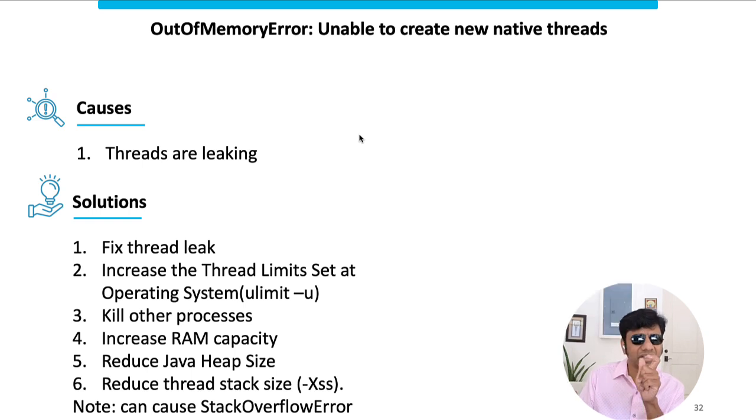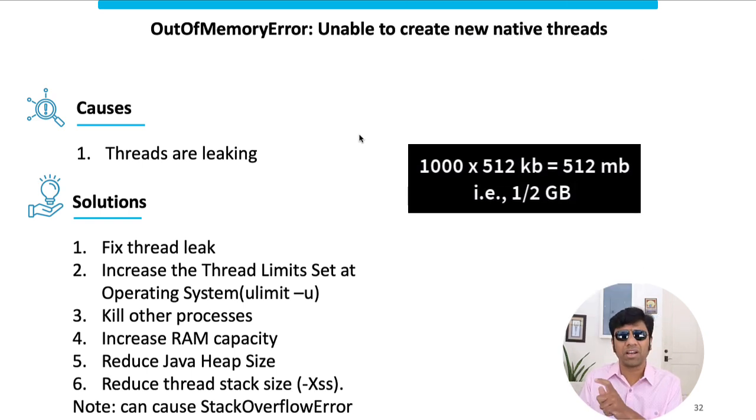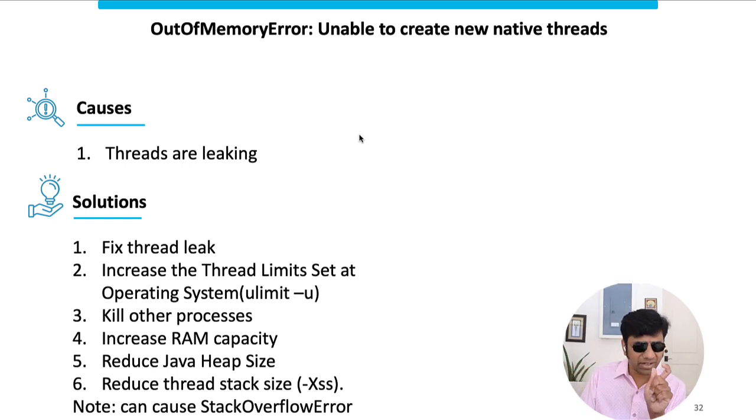But what if you reduce the thread stack size to 512 kilobytes instead of 1 MB? If your application is trying to create 1,000 threads, now it needs only 512 MB. It just needs half a GB, not 1 GB. So when you reduce your stack size, you can create more threads, and that can also address this problem.